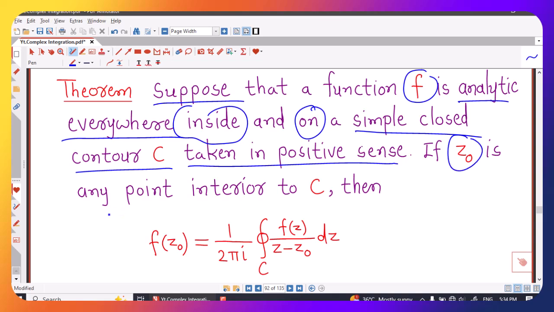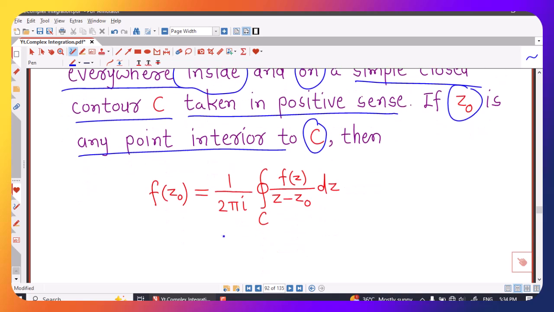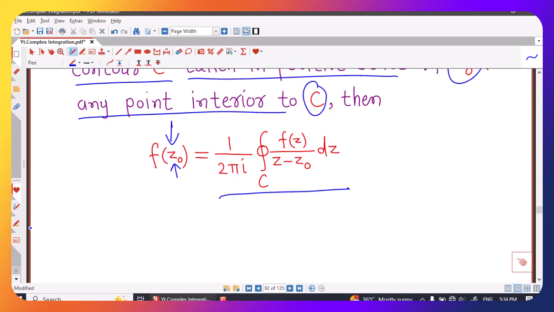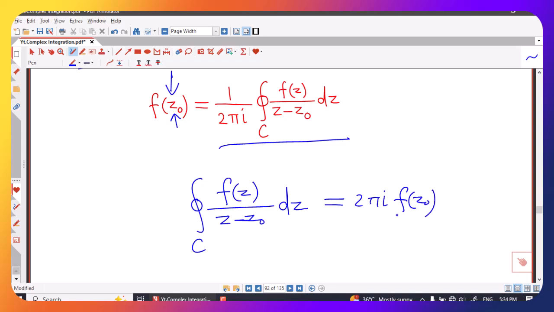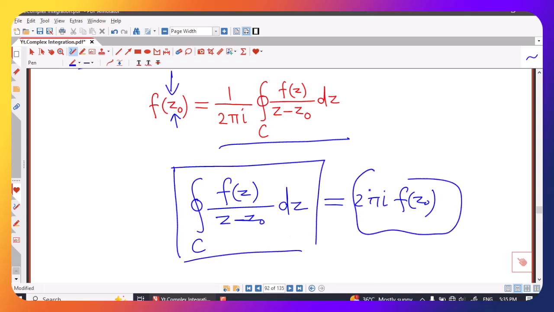If z0 is a point interior to simple closed contour C, then the value of this integral is given by the value of function f at point z0 which is interior to this simple closed contour, and using this formula we can evaluate contour integrals of this type, f of z divided by z minus z0, and it is given by 2 pi i times f of z0. So whenever our contour integral is in this form, we can evaluate it by using Cauchy integral formula.